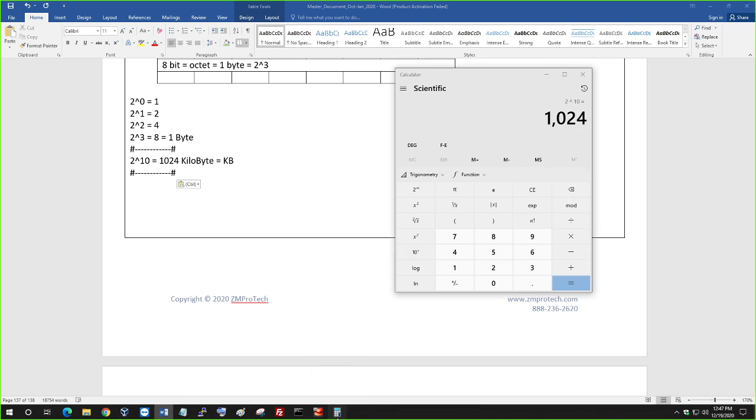So let's see here. Okay, so 1024, if you do clear, 2 to the power of 20 is, look at this number here, 2048 76 number. So this is kilobyte.